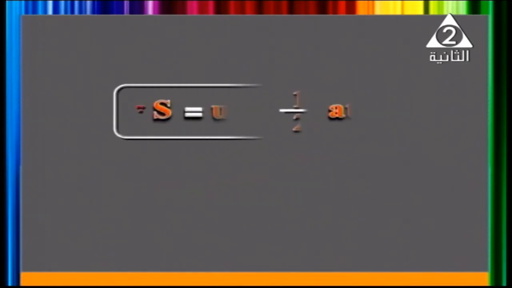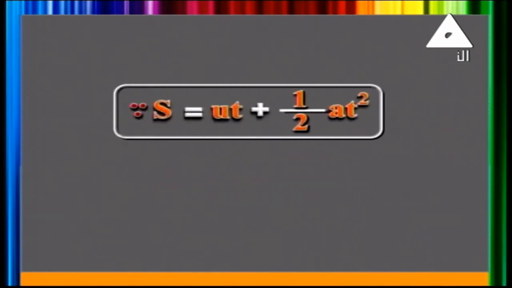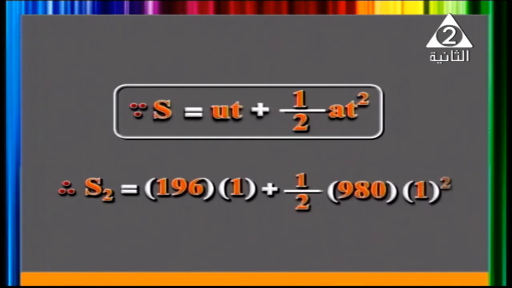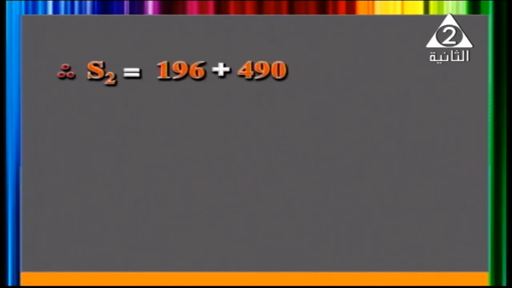My dear student, since S equals ut or v naught t plus half a t square, by substitution of initial velocity u 196 and time 1, we find the second distance or displacement, S2 equals 196 plus 490 equals 686 centimeter.